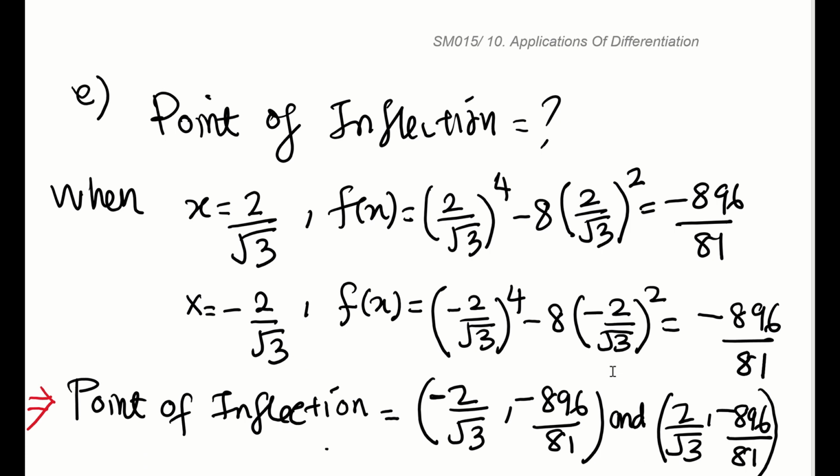As usual, you need to find what is f(x) for x equals 2 over root 3 and x equals negative 2 over root 3. Substitute into the function f(x). You will get the answer is negative 896 over 81.